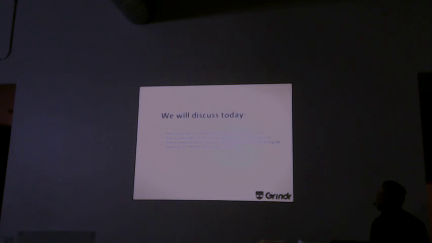So today we'll talk about why Grindr selected MongoDB to power our geospatial capability. I'll also highlight some of the other technologies that we looked at, and talk, from a very high level, about the process that we went through. Then I'll talk about how we ended up with the cluster configuration that we have today.